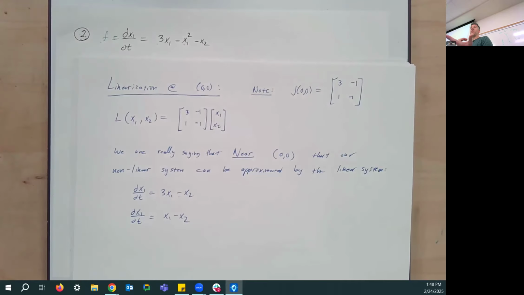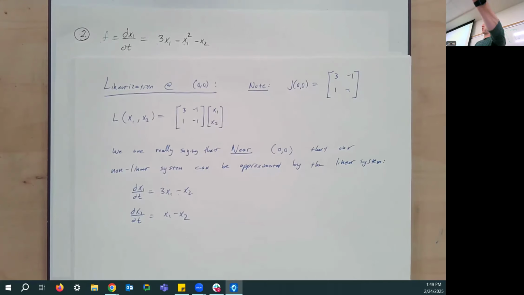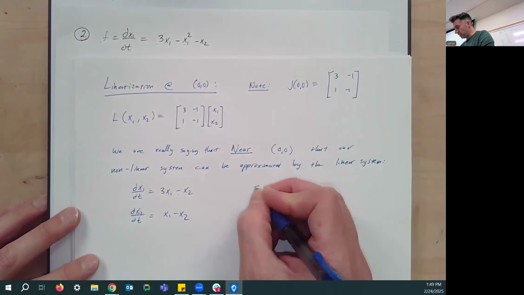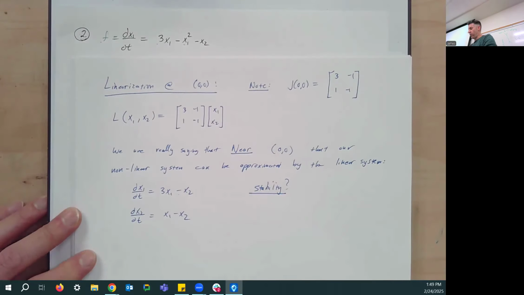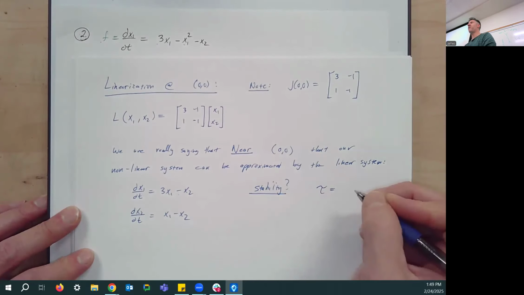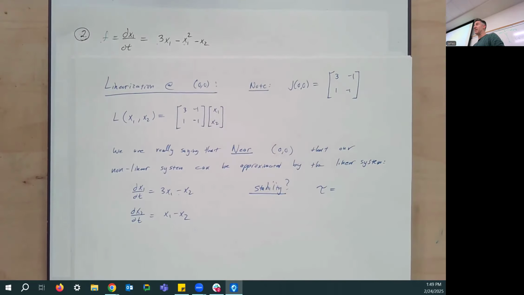And then we can classify stability based on that. So is the origin stable at this point? Well, what's our matrix telling us? We can either find the eigenvalues or we can use the trace-determinant method. Let's use trace-determinant because it's usually what people do. So stability. The trace is, I should never find the trace first. That's like the wrongest choice, but it always feels like the right thing to do because it's the easier thing to find.